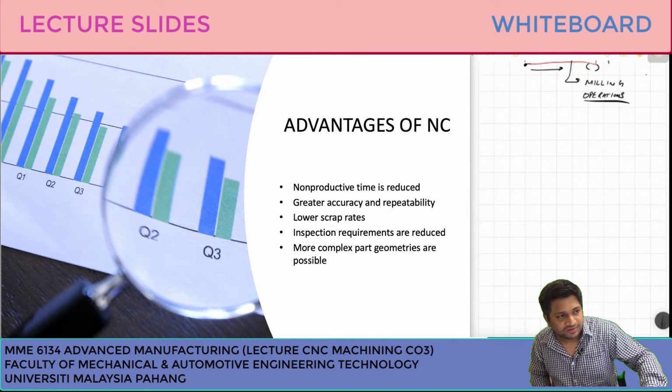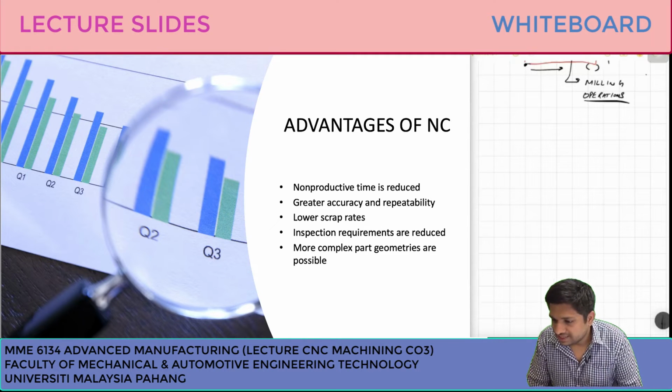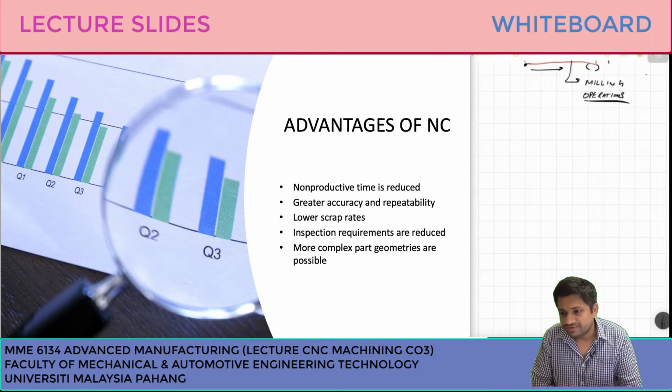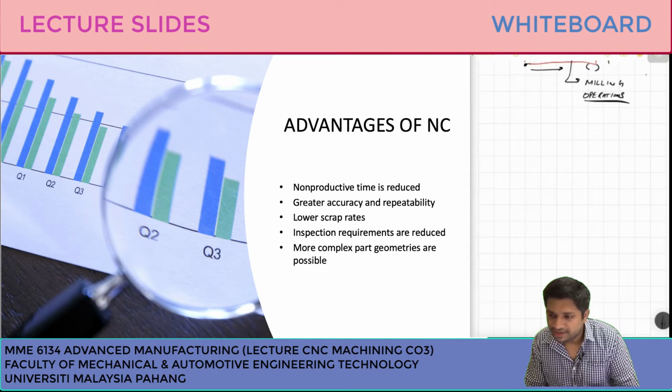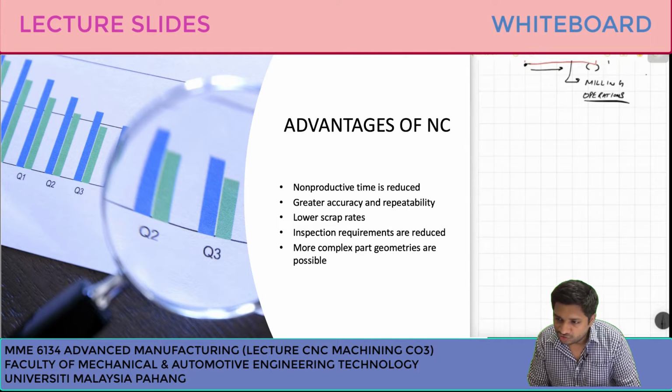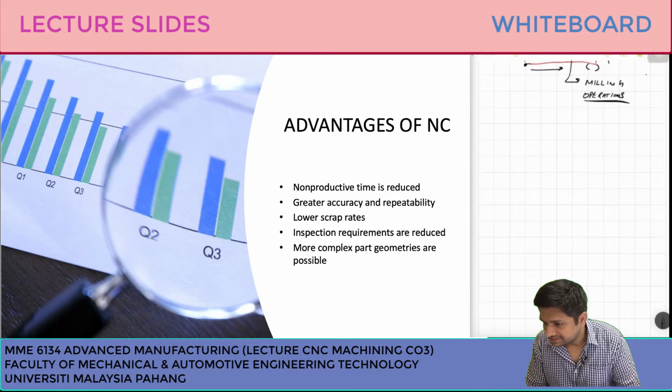Why is there a need for NC systems, and what are the advantages? As you know, we have entered a manufacturing-intensive industrial technological era. So we need to automate and push systems to manufacture parts at a very high and rapidly increasing capacity.